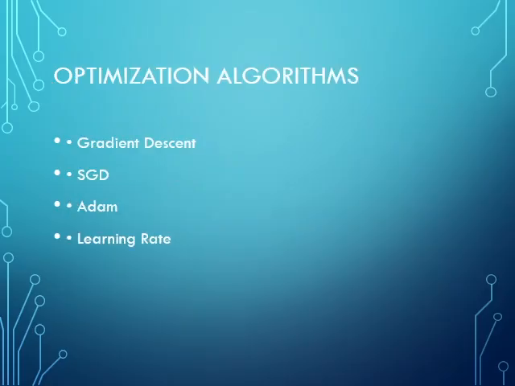Next is optimization algorithms. To minimize the loss, we use optimizers. Some important ones are on the screen: gradient descent, SGD, Adam, and learning rate. Adam is the most commonly used today because it adapts the learning rate automatically.